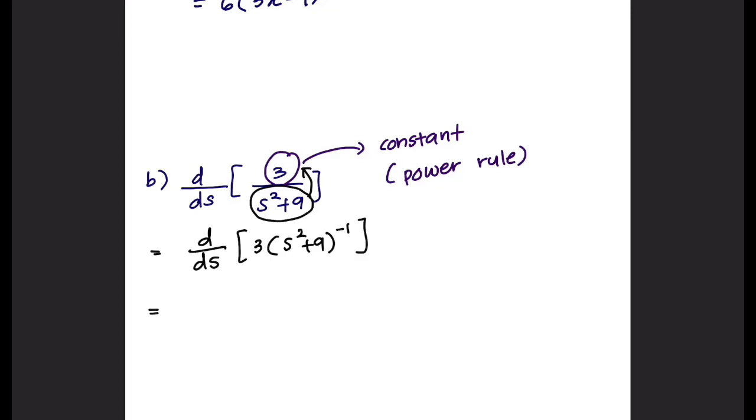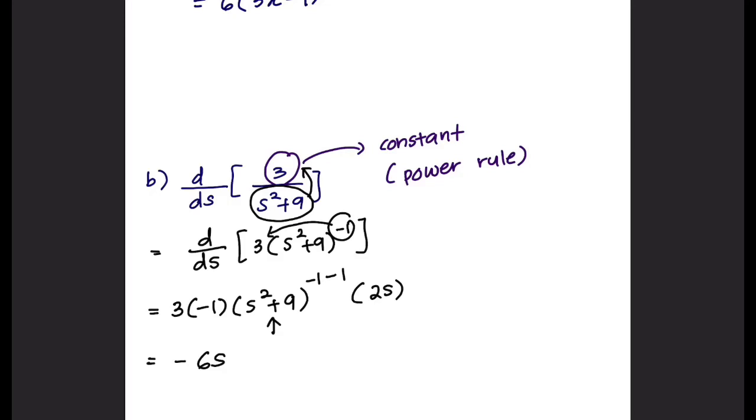To differentiate this function, just follow the power rule. So we have 3 and bring negative 1 in front to get negative 1. Then just copy back the bracket. Then we have negative 1 minus 1. Then differentiate inside of the bracket, we will get 2s. After that, simplify. You will get negative 6s (s squared plus 9) power of negative 2.